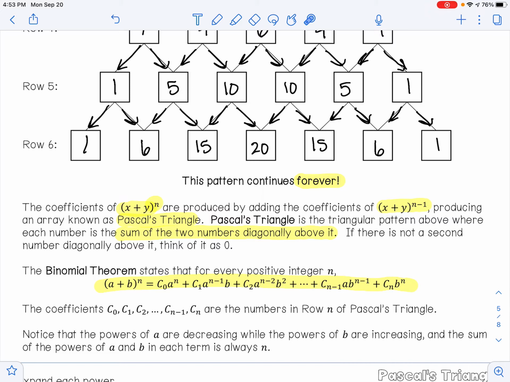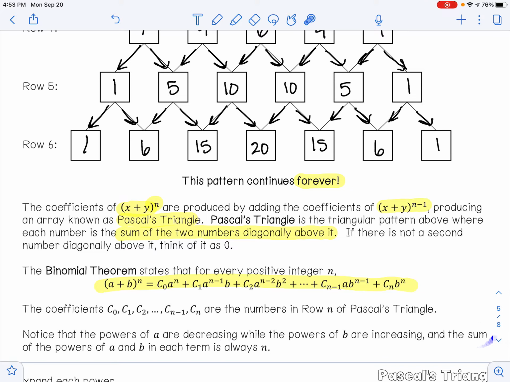And then you'll notice here that we have a to the power of n. The next term is a to the n minus 1 power times b. And then a to the n minus 2 power times b squared. And then you get all the way to when you have a times b to the n minus 1, and then b to the n. So notice that the powers of a decrease while the powers of b increase.